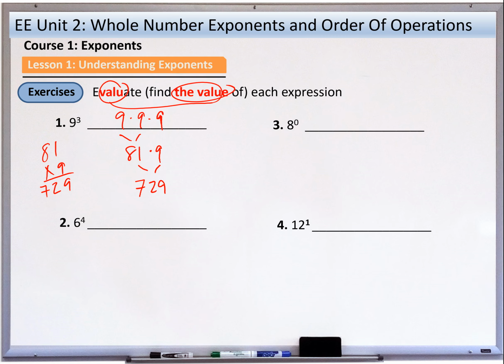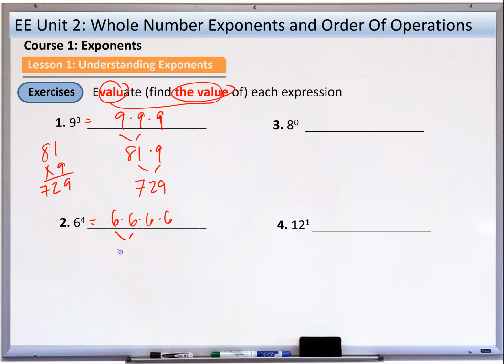Make sure you check my work. My multiplication is pretty bad these days. All right, now we have 6 to the power of 4. We're going to write that in expanded form. That means 6 is our factor, and we repeat it 4 times.